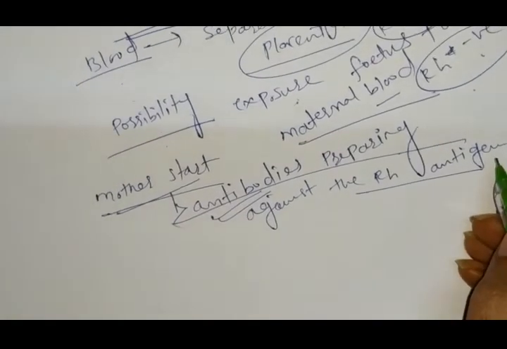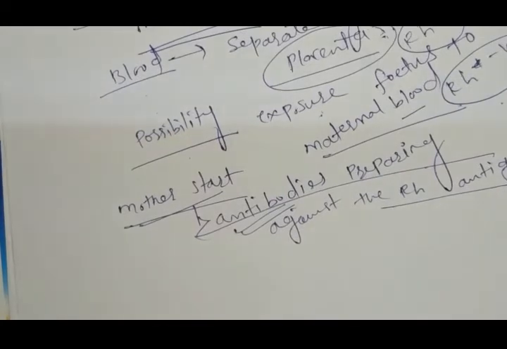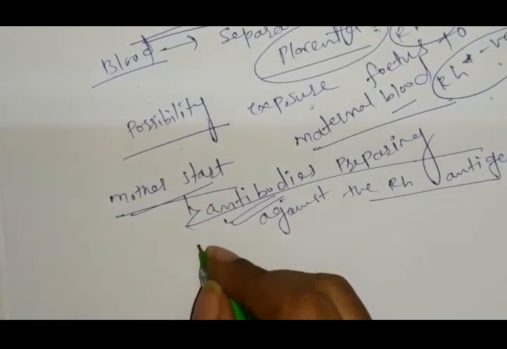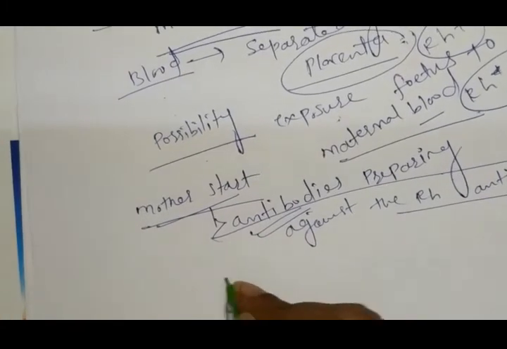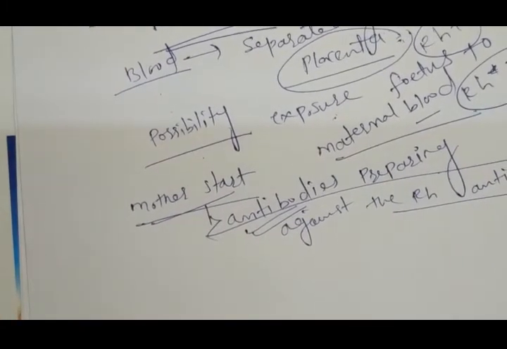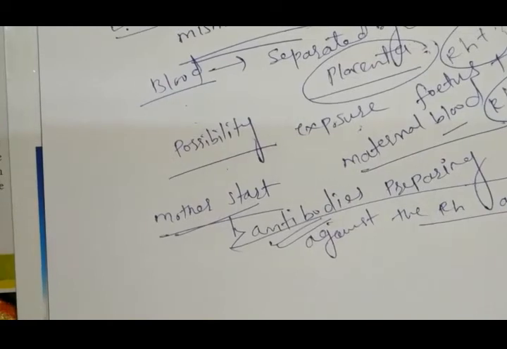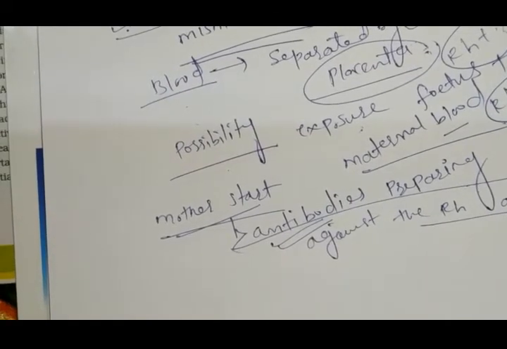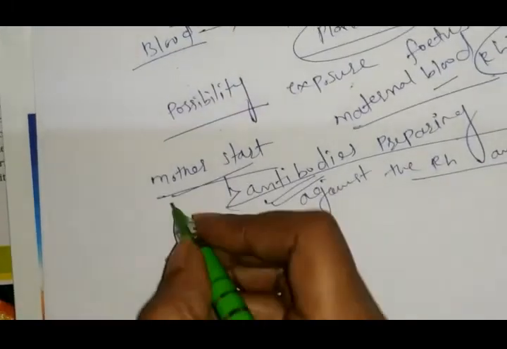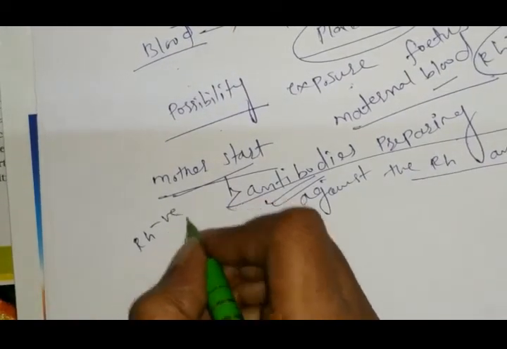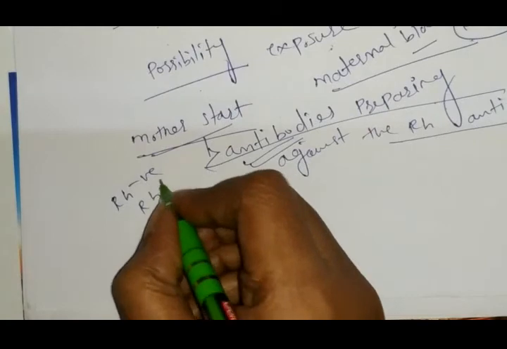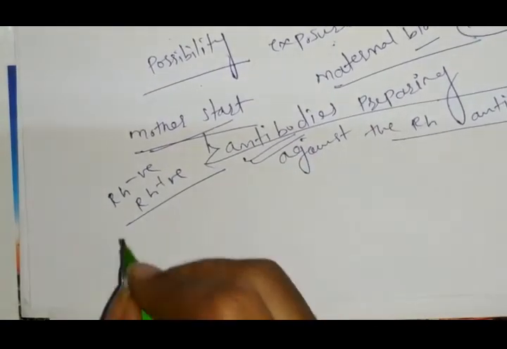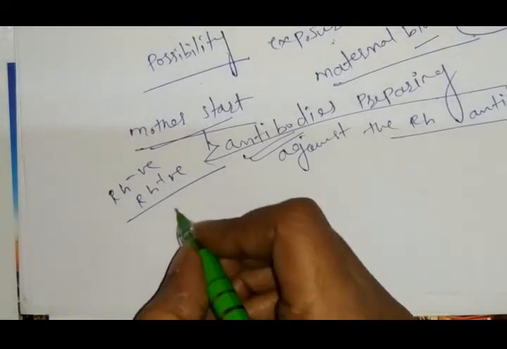And this happens. Now in the second pregnancy, the fetus develops anemia. Why? Because the Rh antibodies from the Rh negative mother can leak into the blood of the Rh positive fetus, and due to this they destroy the RBCs of the fetus.